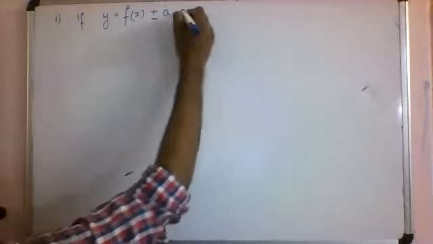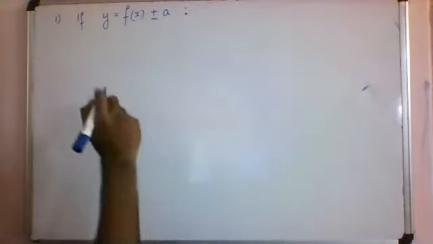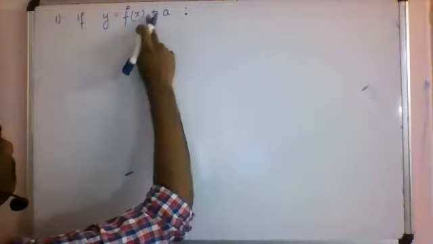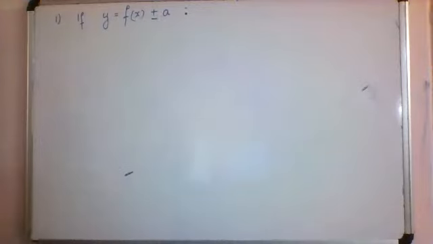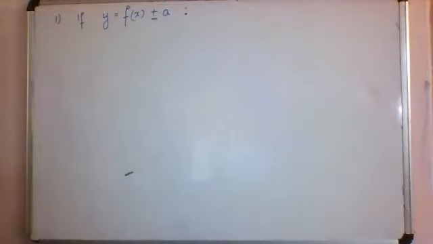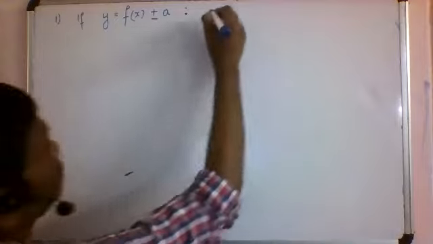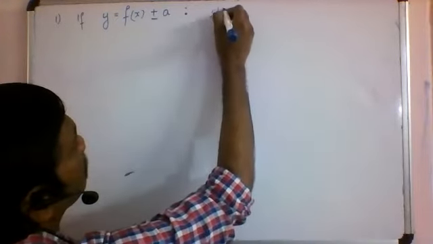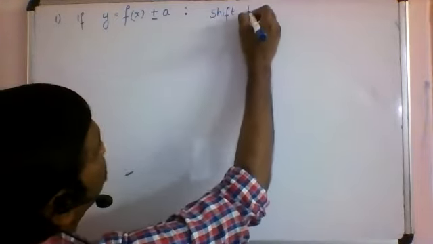Then what to do? When you see a basic graph, if something is added or subtracted, then what change do you have to do in the basic graph? Means shift the graph, right? Shift the graph.